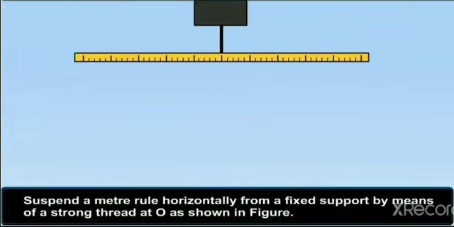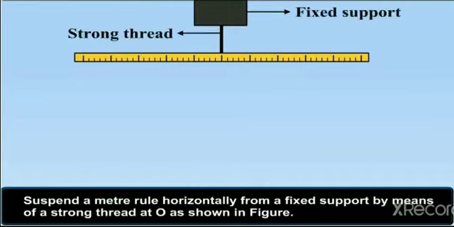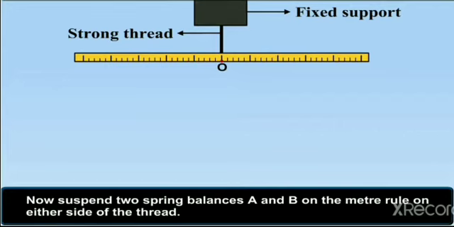Verification of the principle of moments. Suspend a meter rule horizontally from a fixed support by means of a strong thread at O, as shown in the figure. Now suspend two spring balances, A and B, on the meter rule on either side of the thread.